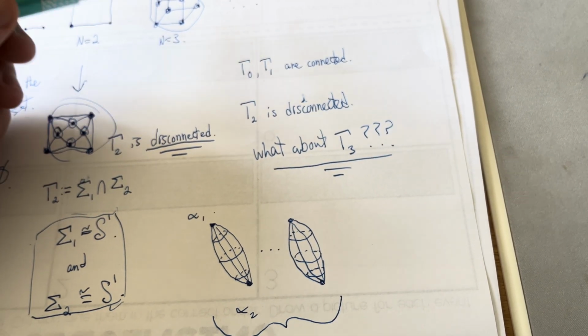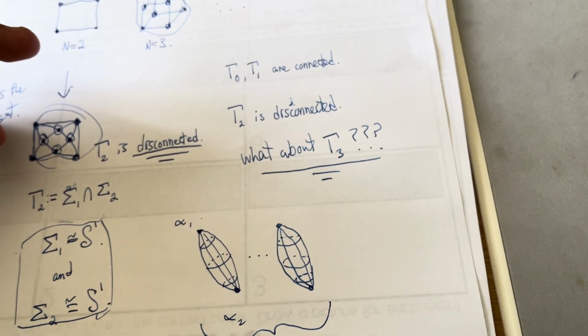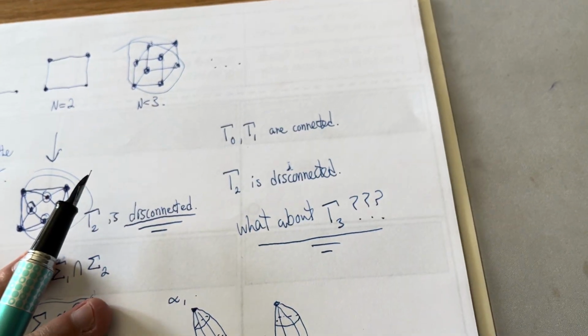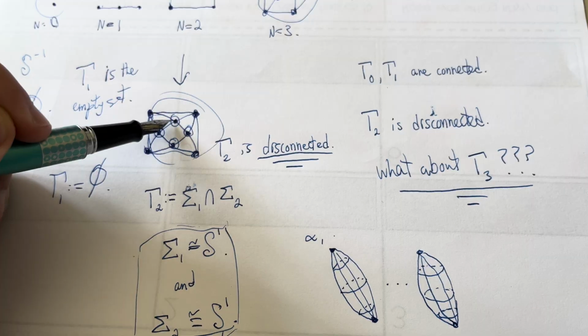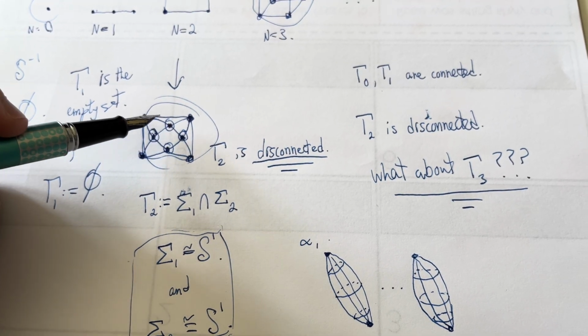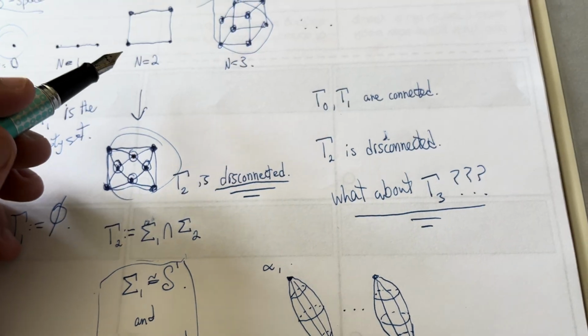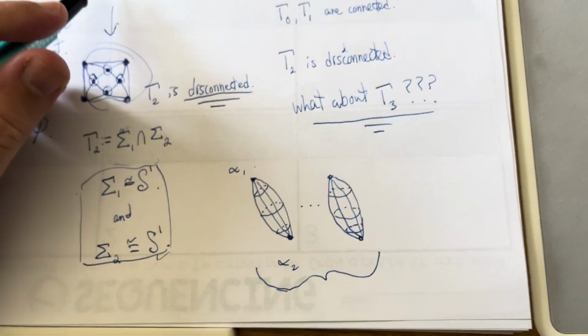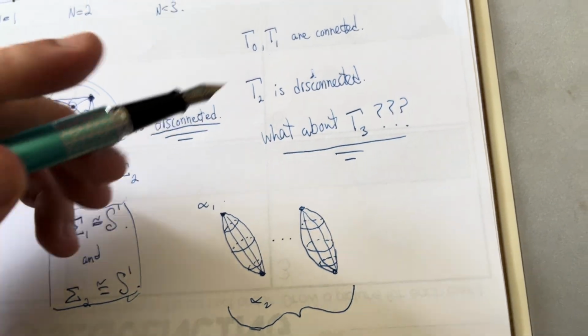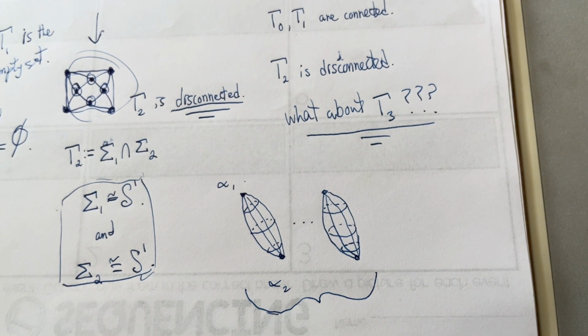So naturally we're going to get some sort of intersections in the interior, just like we got these 4 intersections. But now we're going up a dimension, so we're going to get lines as the intersections. And this is where we see that gamma sub 3 becomes connected.